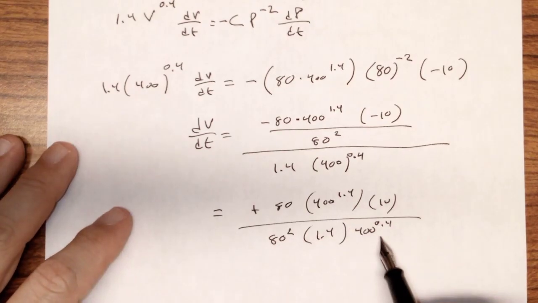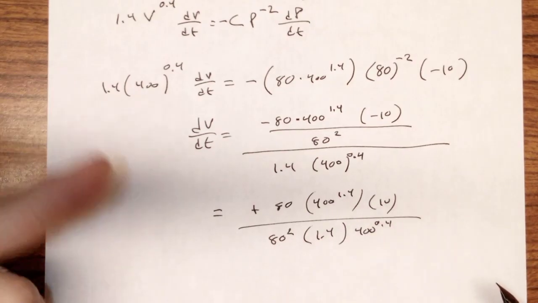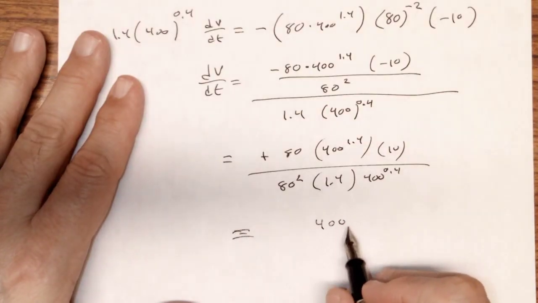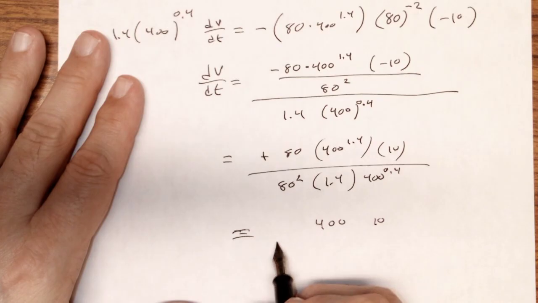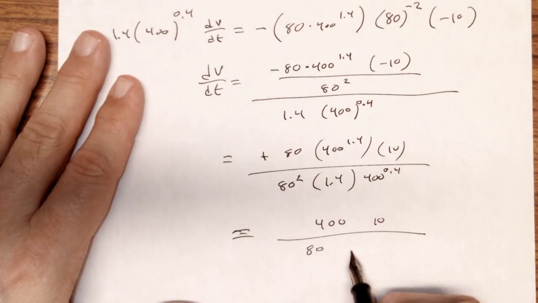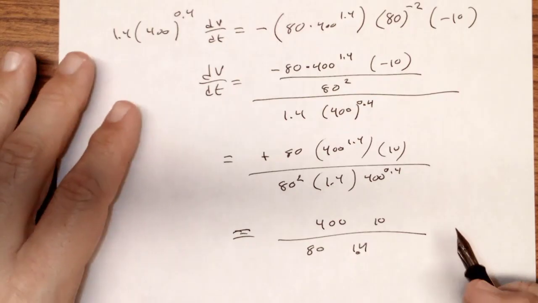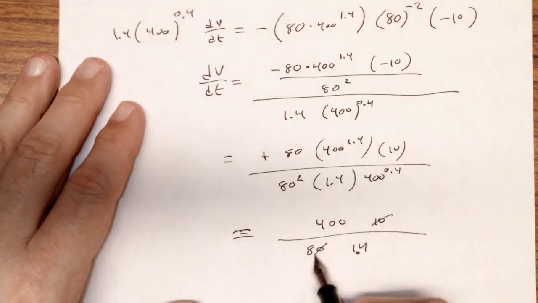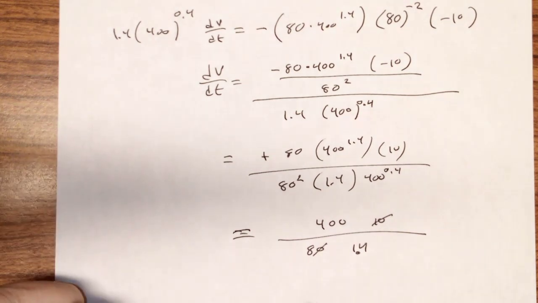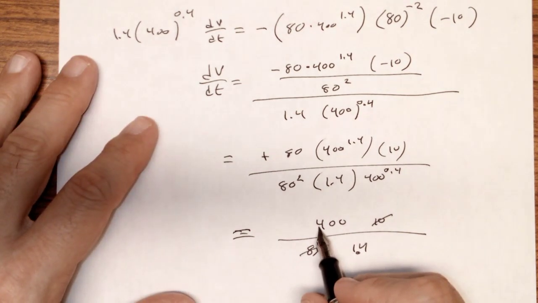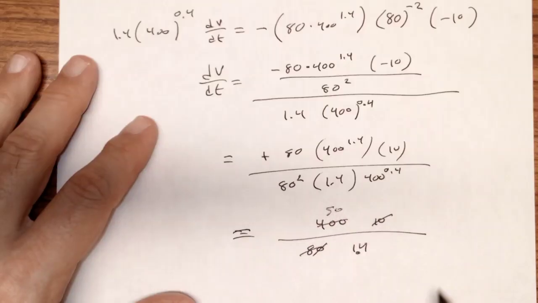The 400 here and the 400 will just leave me 400 to the 1 on top. 400 times 10 over 80 times 1.4. 400 over 8. Wait a minute, that's 50. So the answer is 50 divided by 1.4.